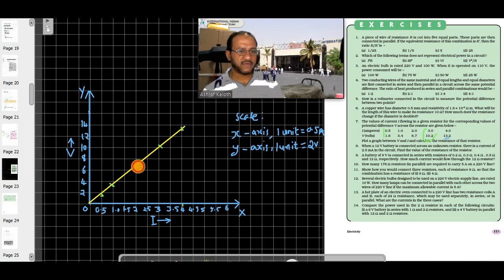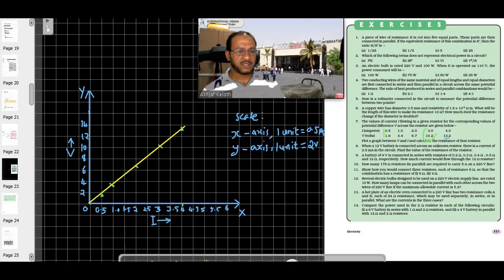The first point has coordinates x1, y1, and the second x2, y2. x1 corresponds to the current reading, y1 to the voltmeter reading. Same way, x2 corresponds to the current reading and y2 to the voltmeter reading, the potential difference.